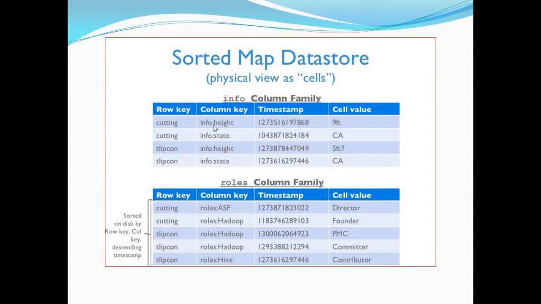But it's unlikely that the row key and column key get stored on one node, and the timestamp and cell value go on another. So the definition, or the atomicity, of a physical storage lies at an individual record level.